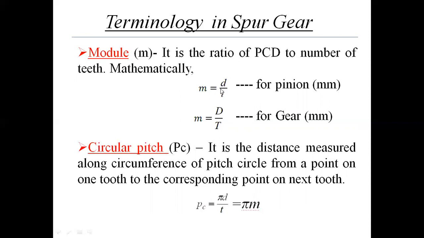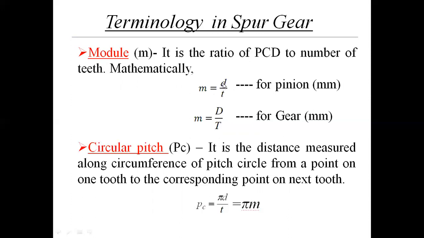Here I am writing small d by small t, number of teeth, for the pinion, as it is smaller in diameter.